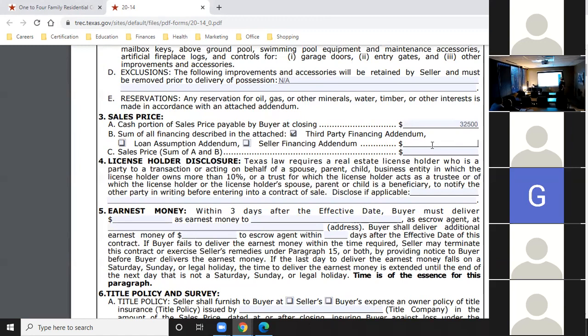So the sales price is the sum of the lines. 3B, you might have to do some math for that one. So 32 of 200. Okay, I'll give them a second to do the math.